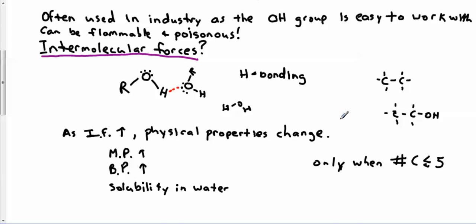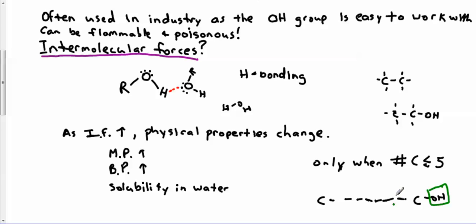When I get to 6 carbons, 7 carbons with an OH, 8 carbons with an OH, you can pretend that I've got this huge carbon chain with an OH sticking off the end. Okay, 20 carbons, 30 carbons. This OH group on the end becomes less and less significant as this chain gets bigger.